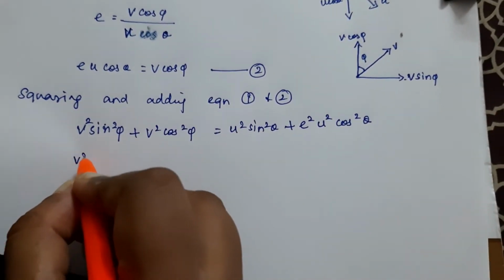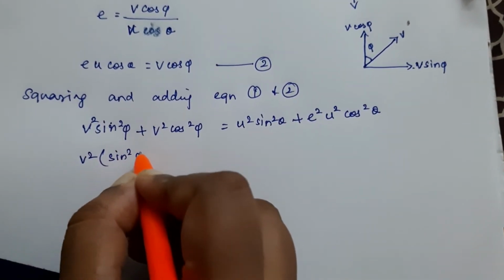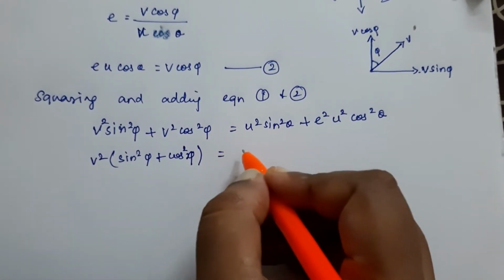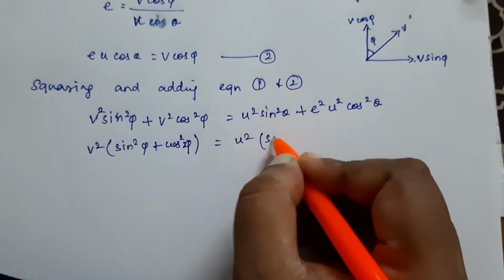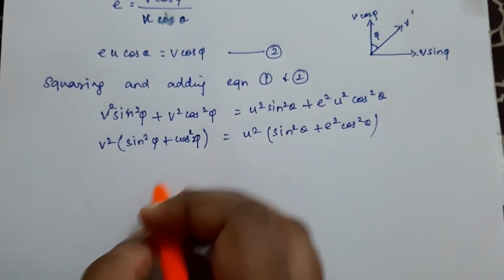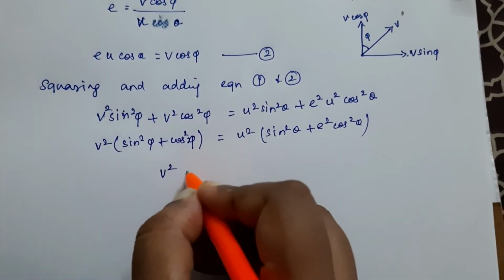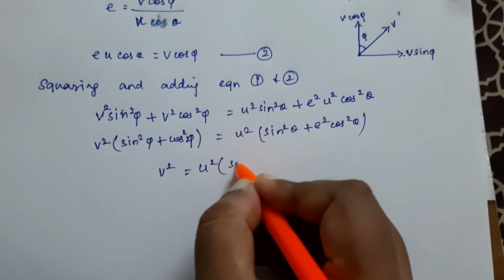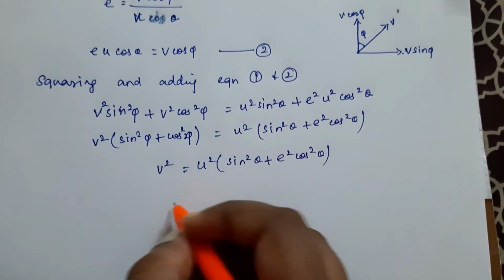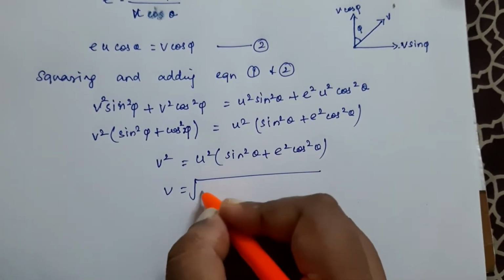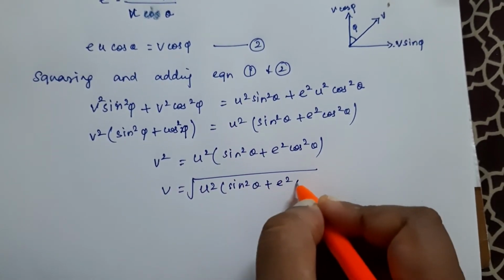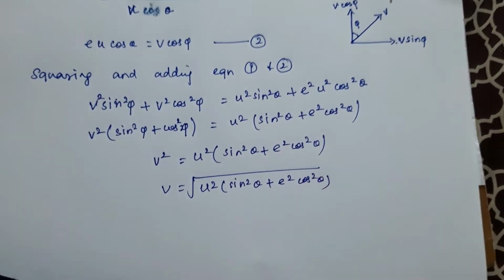So this can be written as v square into sin square phi plus cos square phi is equal to u square into sin square theta plus e square cos square theta. Here this is 1, so v square is equal to u square sin square theta plus e square cos square theta. So v is equal to root of u square sin square theta plus e square cos square theta.